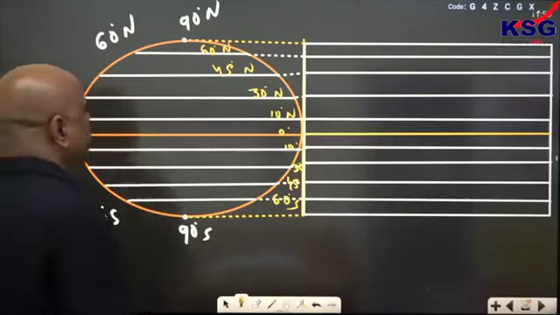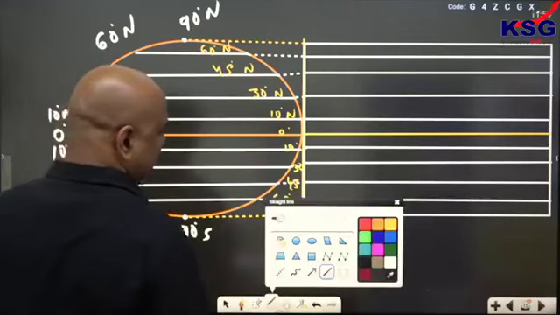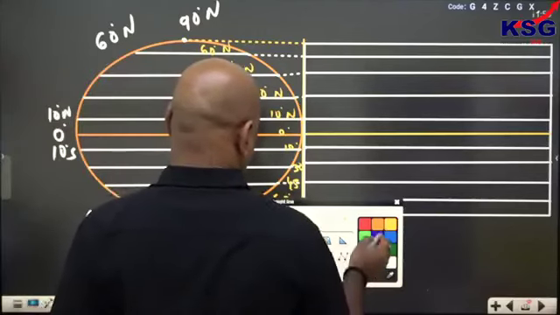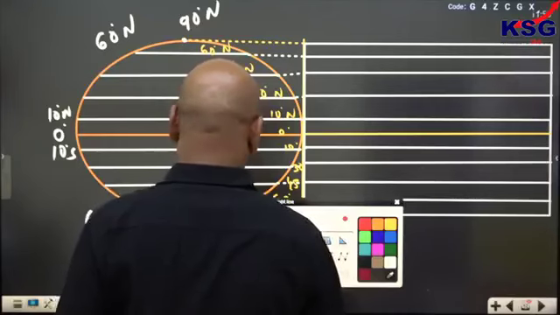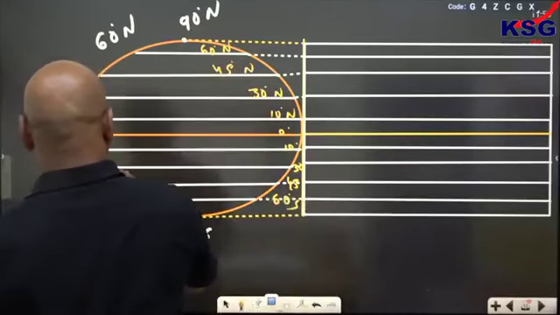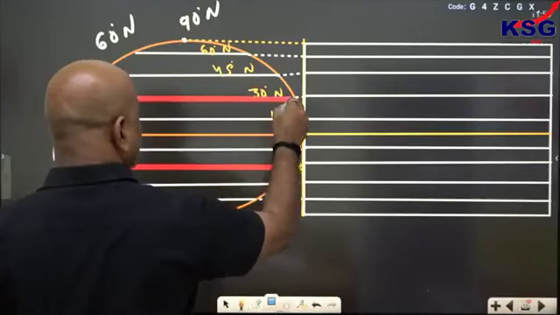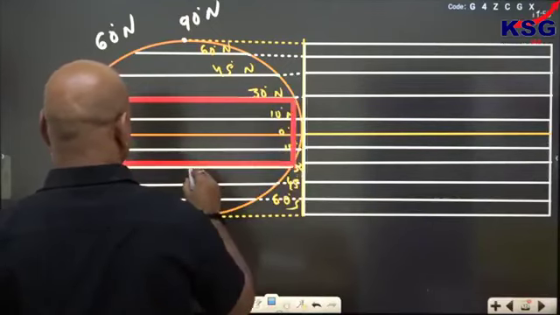I have prepared a map here on this projection, and you are all well aware of this entire region, which is called the torrid zone. Torrid zone is between the 30 degree north to 30 degree south. This is the area of torrid zone, you know it.